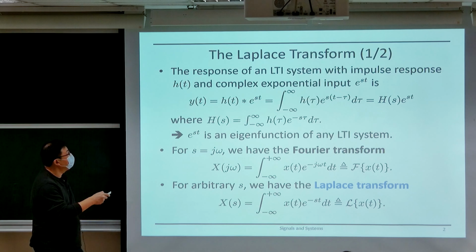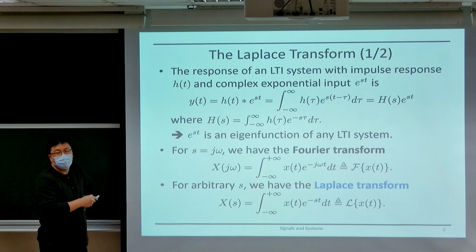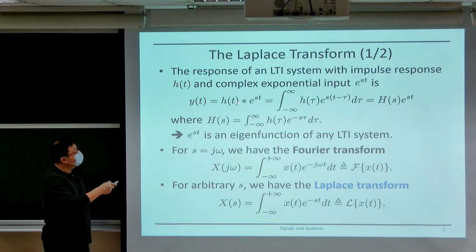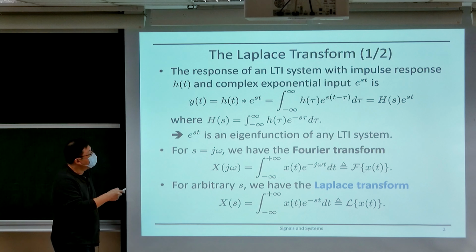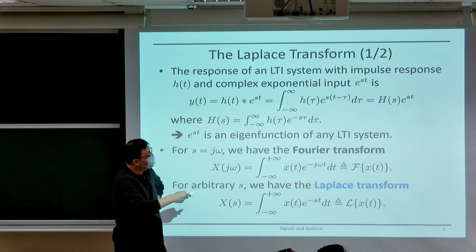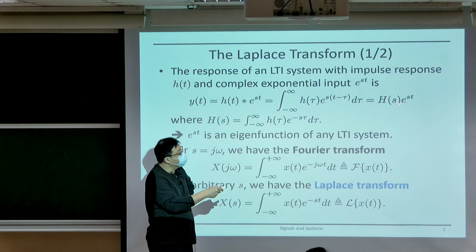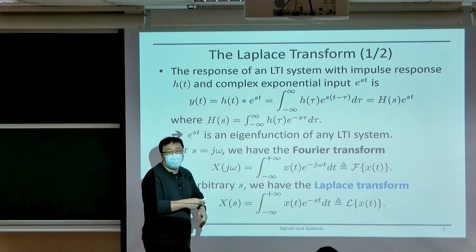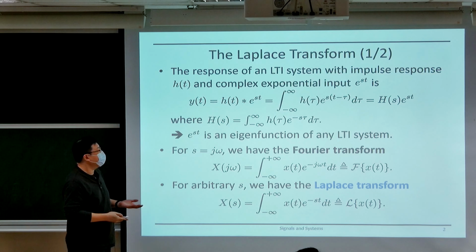So if you input e to the power st into this system, that is, take the convolution between e to the st and the impulse response h of t, the output will be the same complex exponential, just scaled by some value that depends on s.